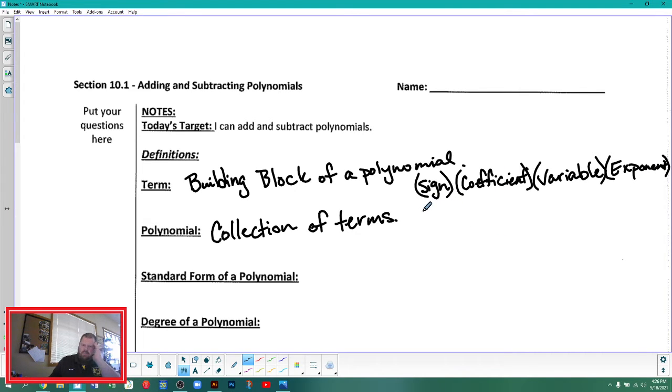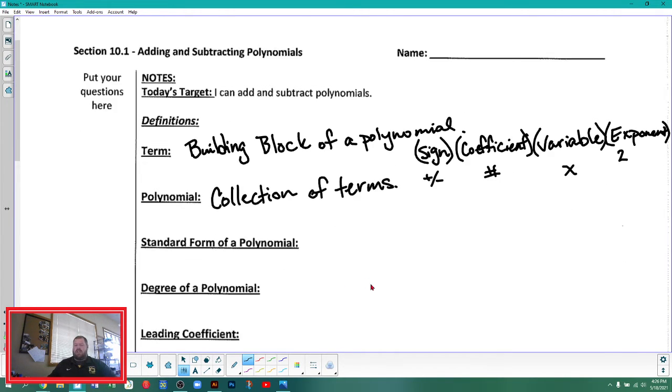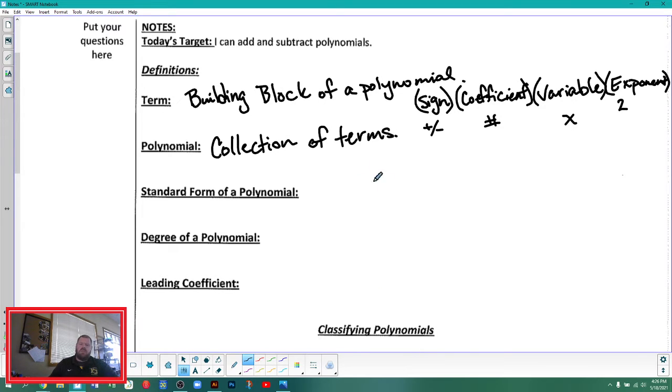So a sign, positive or negative; a coefficient, just a number; a variable, typically a letter; and an exponent, squared, cubed, to the fourth power, and so on, or even to the first power, or to the zero power. All those four things constitute a term. And so a polynomial is just a collection of terms.